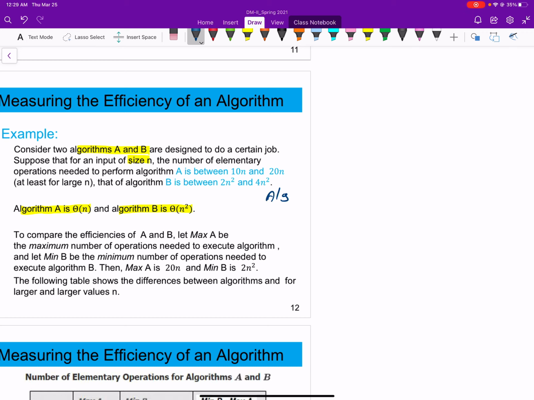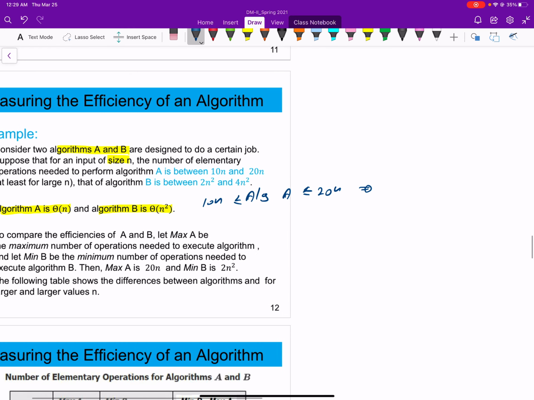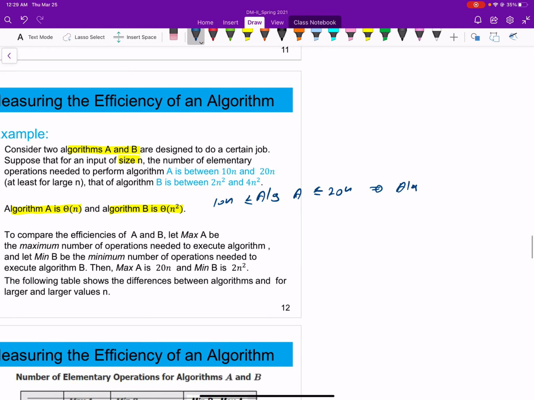Algorithm A is between 10n and 20n, which implies algorithm A is theta n. Algorithm B is between 2n square and 4n square, and then algorithm B is theta n square.